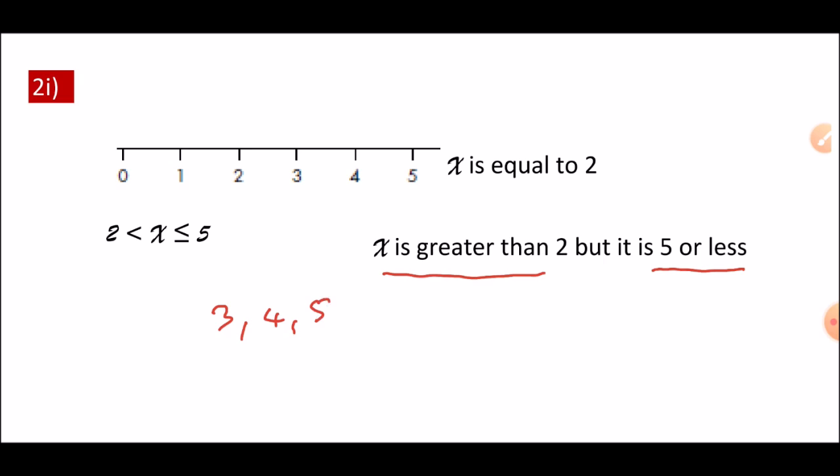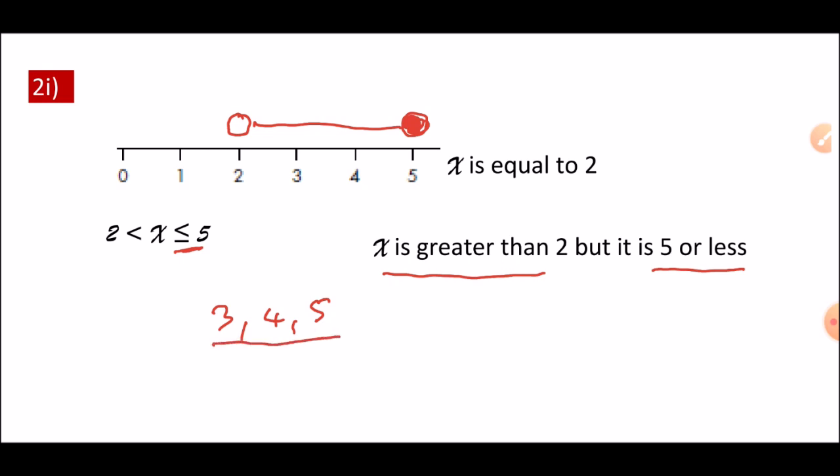You cannot have 2. So because x is greater than 2, we're going to have an open circle at 2, but because it's equal to or less than 5, we will have a closed circle at 5, and then we'll just join it with a straight line. So this means x is more than 2 but equal to 5 or less, and these are the integers that fulfill that criteria.